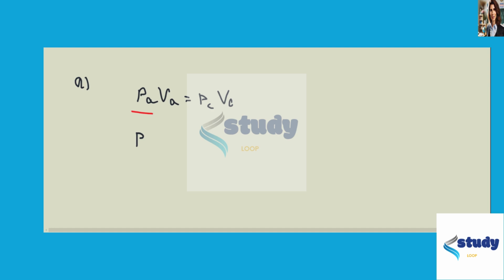So PA equals PC times VC over VA. Substituting the known values, we obtain 2 times 10 to the 5th power pascals, and here we will divide 0.04 by 0.01 meters cubed.